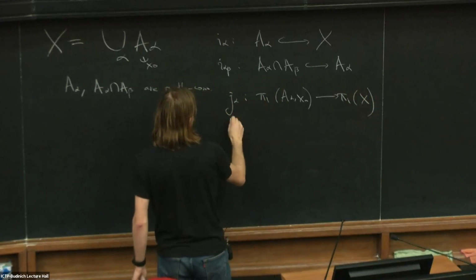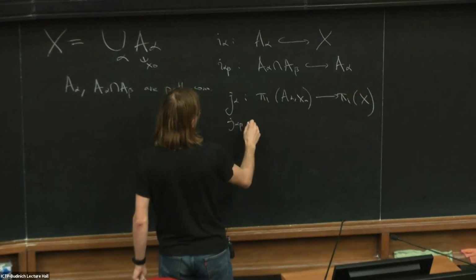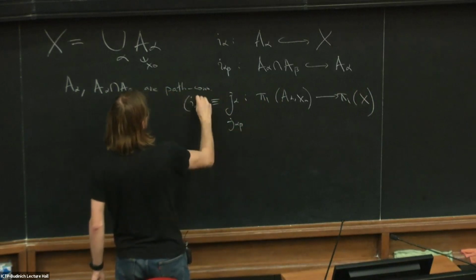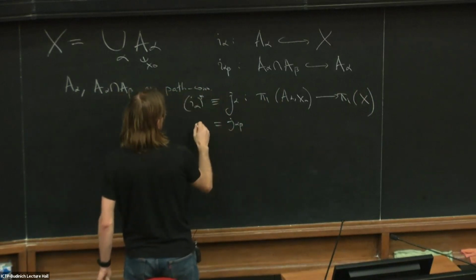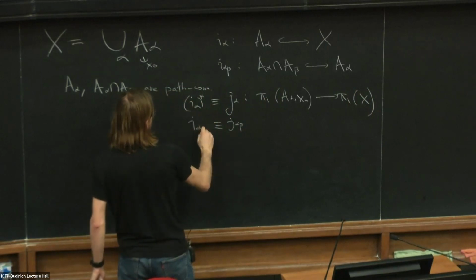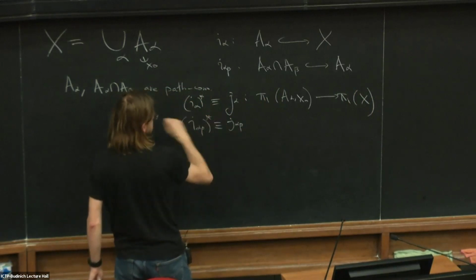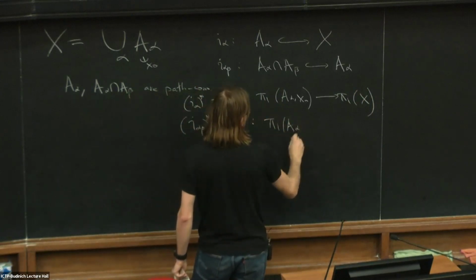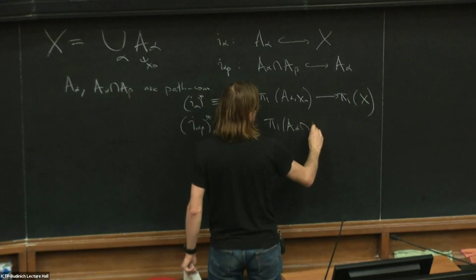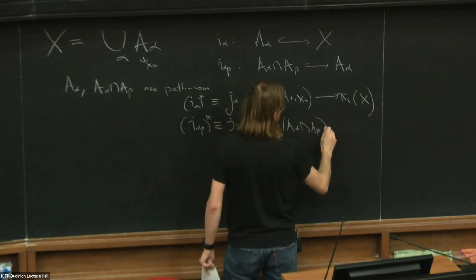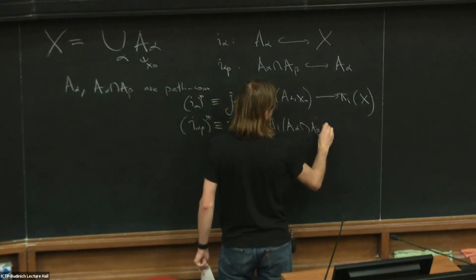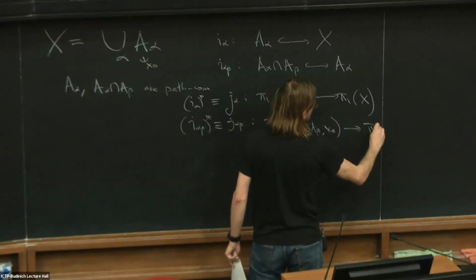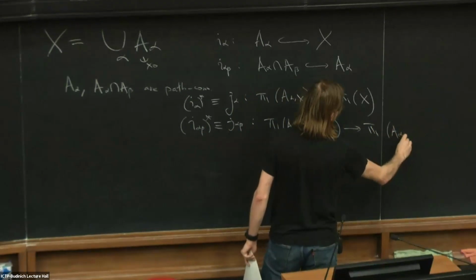Similarly, J alpha beta will be the push forward from pi1 of the intersection of A alpha and A beta into pi1 of A alpha, and J beta alpha into pi1 of A beta.